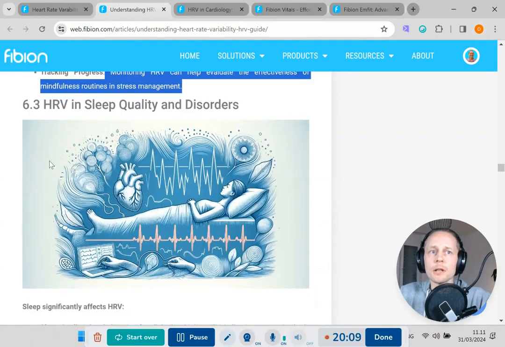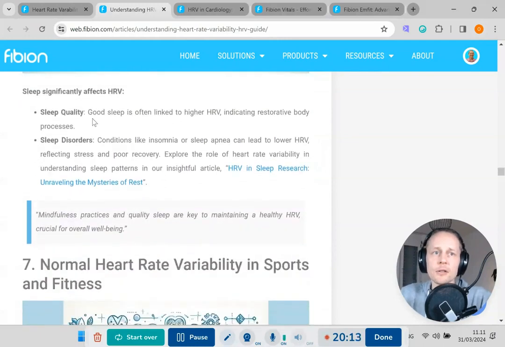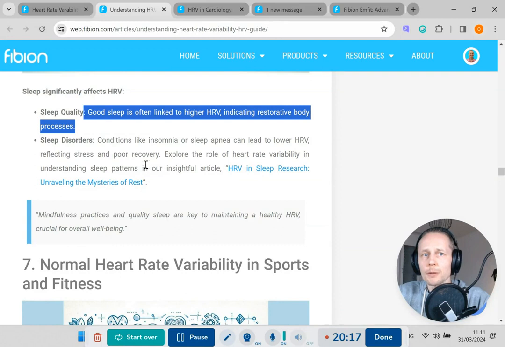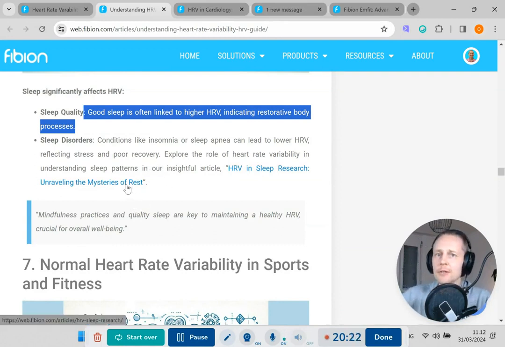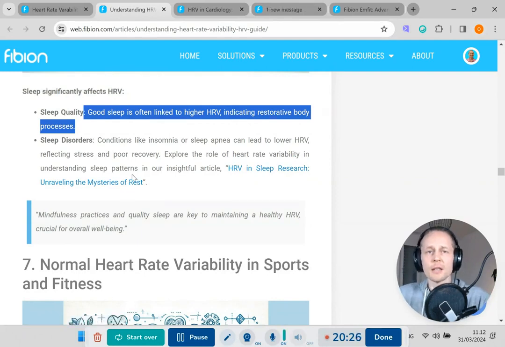And if we then look at heart rate variability in sleep quality and disorders, like we discussed before, good sleep is often linked to higher heart rate variability, indicating restorative body processes during sleep. And if that doesn't happen, there is usually something wrong in the sleeping.